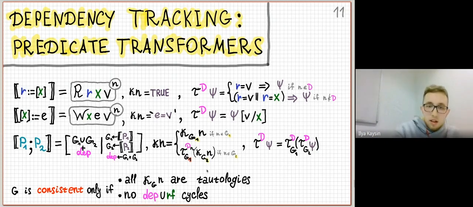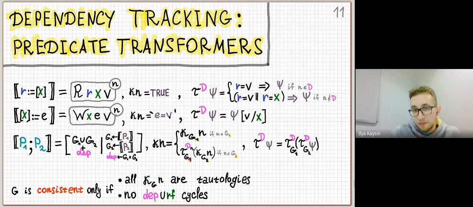And this requirement gives us a lower bound for dependencies, because if we don't have enough dependencies, then we don't have strong enough transformers, and they don't transform the preconditions to tautologies, right?